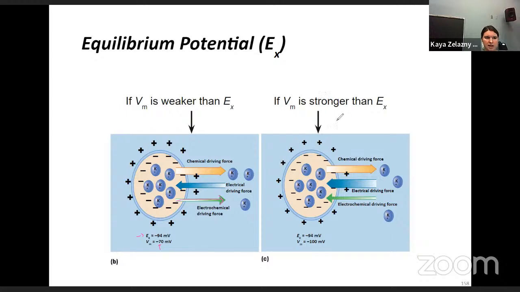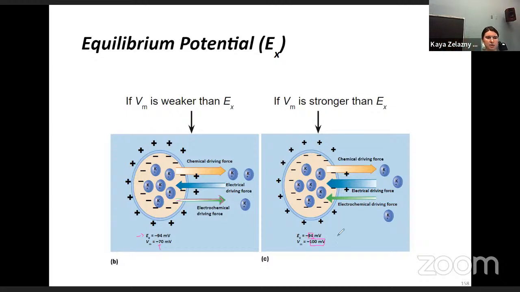On the opposite side, this is a membrane potential that is stronger than the equilibrium potential, right? So we see that this magnitude, -100, is greater than this magnitude, -94. But we have potassium that still wants to get to that same value.